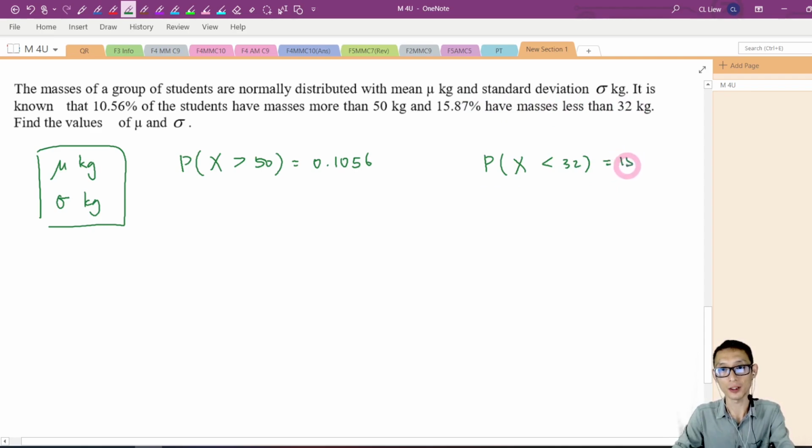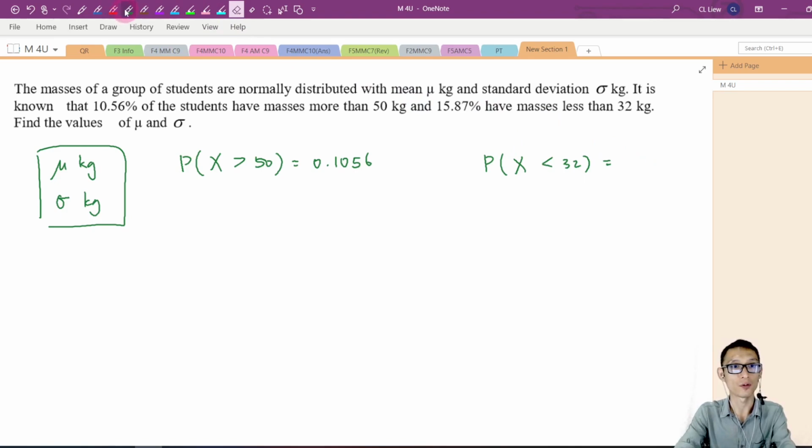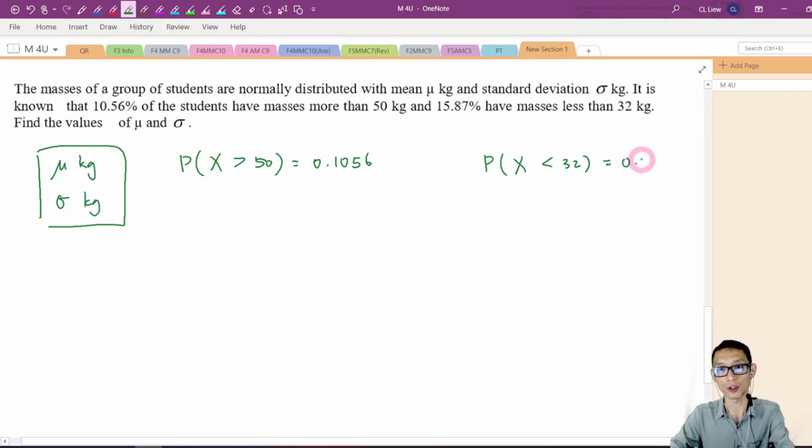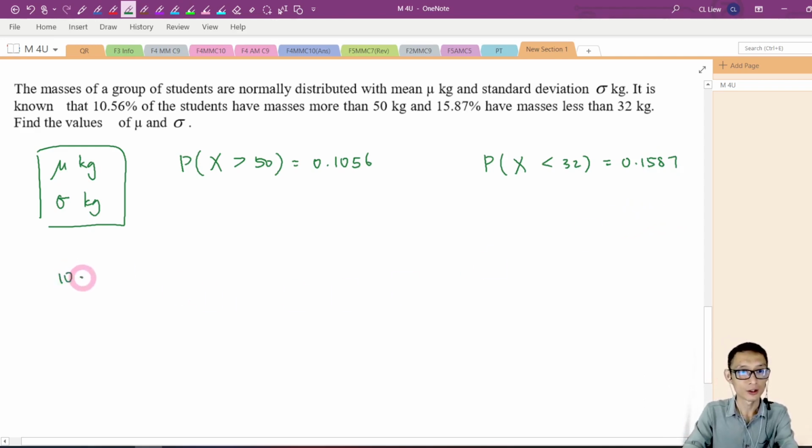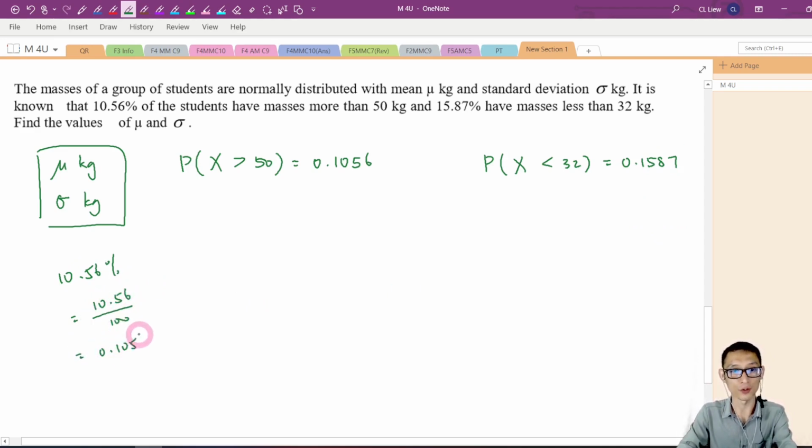So this is 15.87%, which means that 0.1587. 10.56% is equal to 10.56 over 100, which is equal to 0.1056. Now, we are going to form two equations so that we can get the value of the mean, mu, and the standard deviation, sigma.